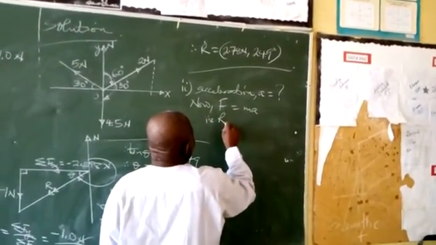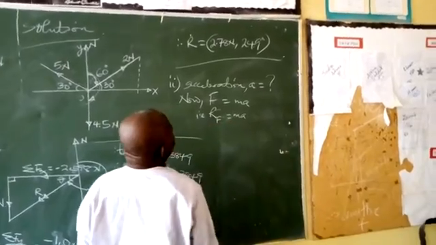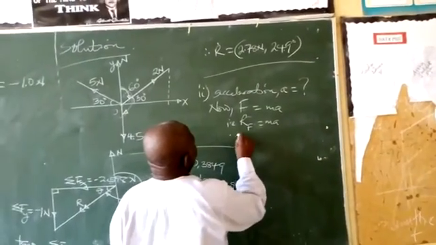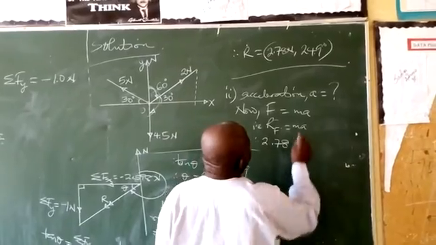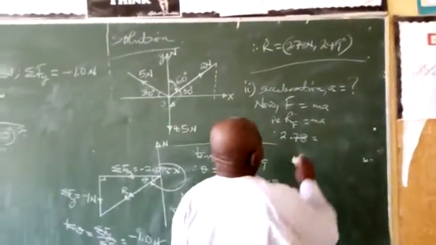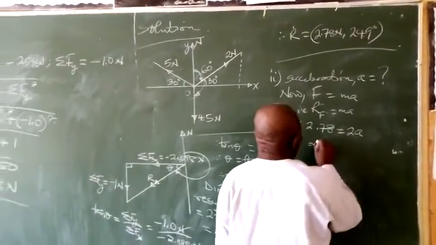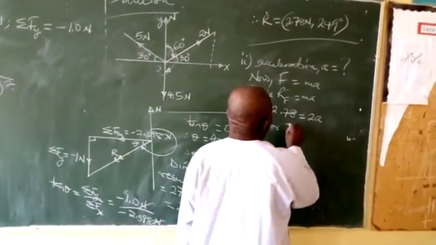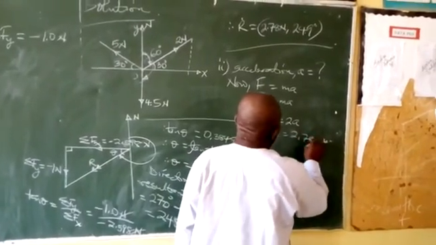So I have 2.78 equals ma, but the mass is 2 kg, as given. So 2a equals 2.78.